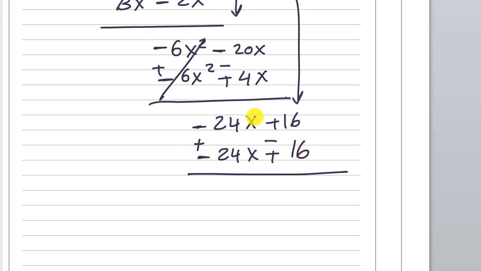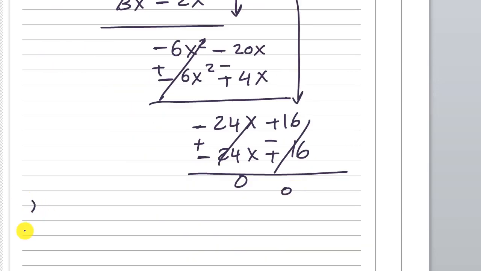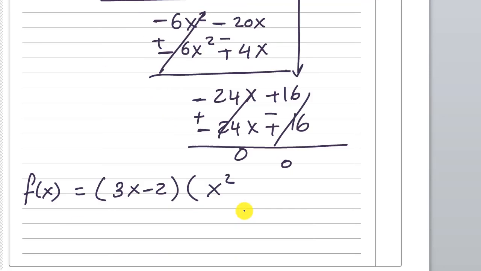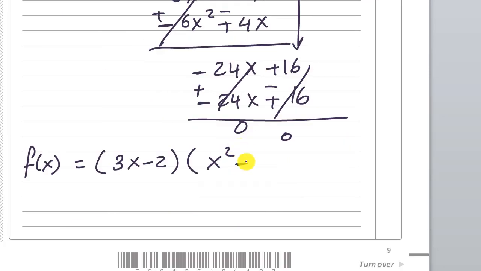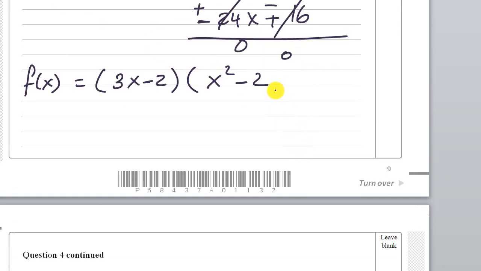So plus negative, this is 0 and this is 0. So now the factor will be f of x is equal to 3x minus 2 multiplied by x squared minus 2x minus 8.